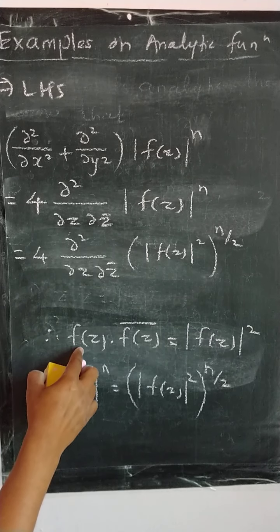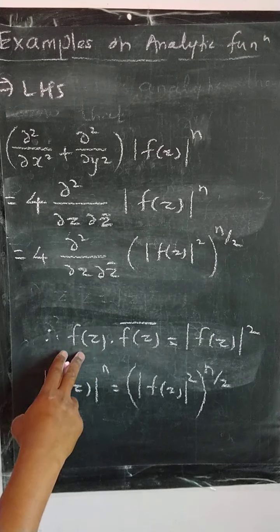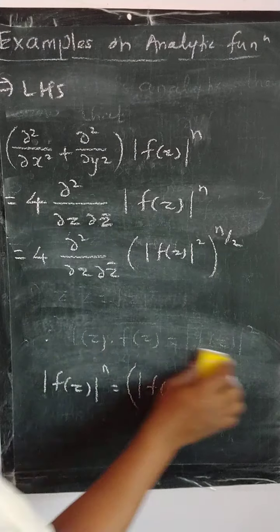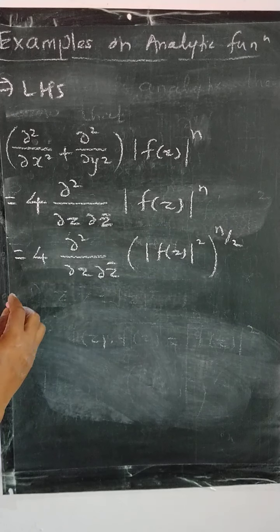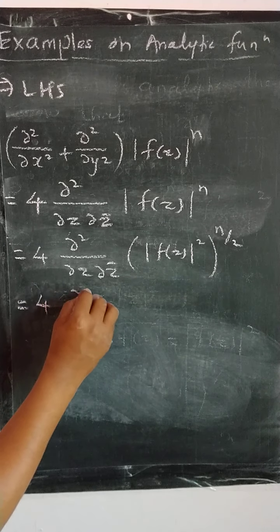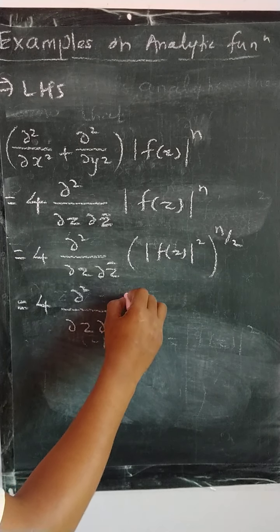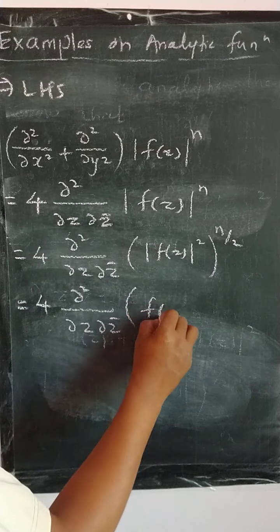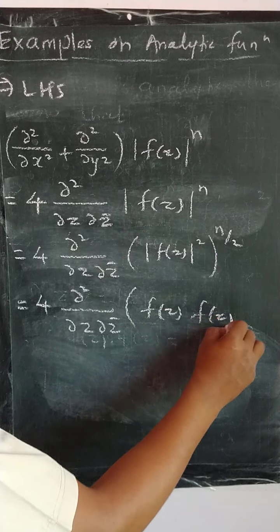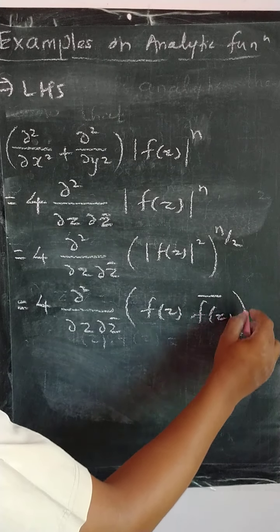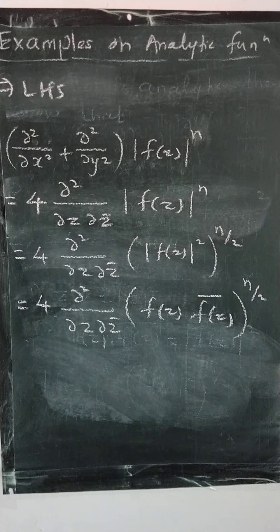Using the property, |f(z)|² is nothing but f of z into its conjugate. So I get 4 times ∂²/∂z∂z bar of f of z into f of z bar, raised to n by 2.